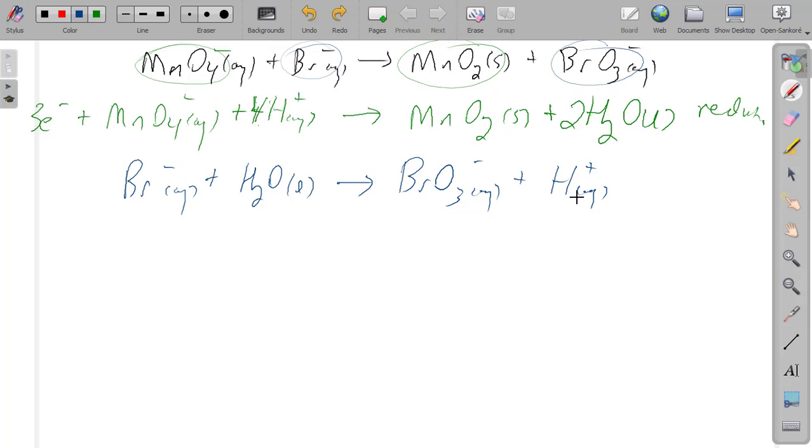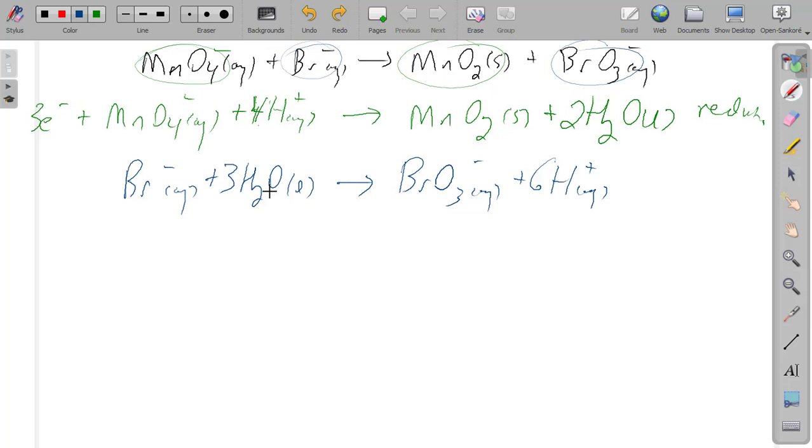Okay, Br, H, O on both sides. So now we can mass balance this. There's 1 bromine on both sides. 3 oxygens here, but only 1 here, so I'll make this a 3. 3 times 2 for the hydrogens is 6. So 1, 3, 1, 6. And that's what I get. Good. Okay, just double checking to be sure.